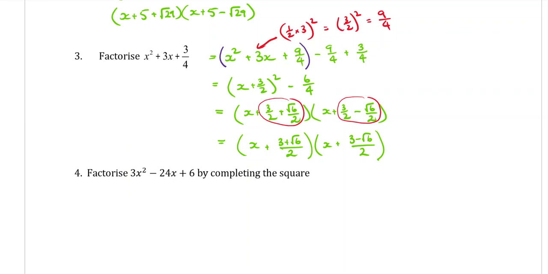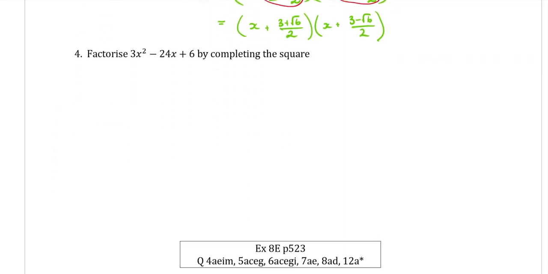Okay, so there's one more question here, and this would be my little bit of a challenge question. We want to factorize 3x squared minus 24x plus 6 by completing the square.